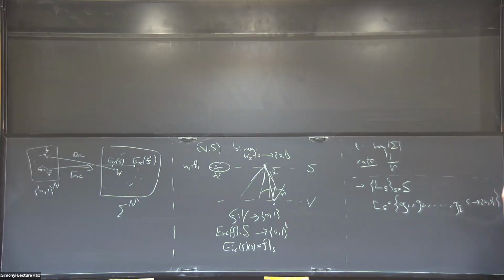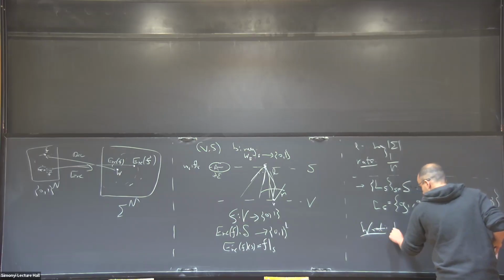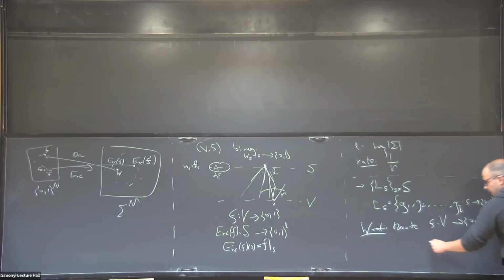And in list decoding, what I want is to decode functions F that are, of course, from the message space, such that F appears in all the lists.